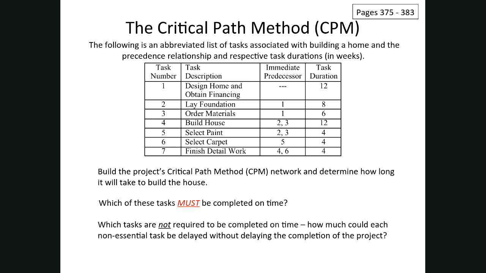The first column, of course, is the task number. The second column is a description of the task that is going to be accomplished.